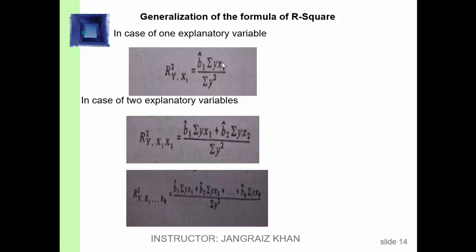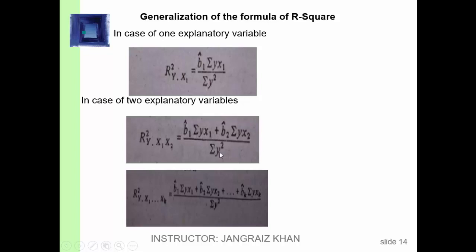You can calculate R square with that, or with the formula b1 hat summation x1y by summation y square. Similarly, if the variables are increased to 2, we derive the formula that R square is equal to b1 hat summation x1y plus b2 hat summation x2y by summation y square.